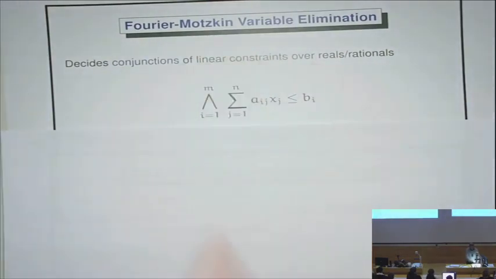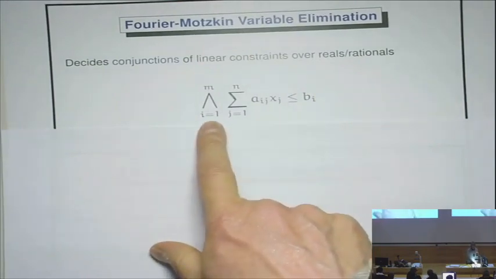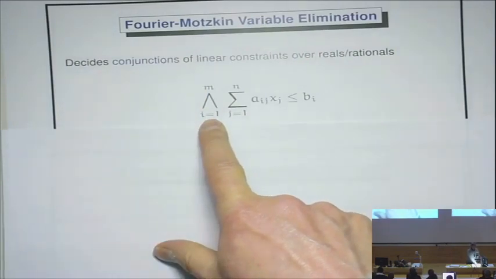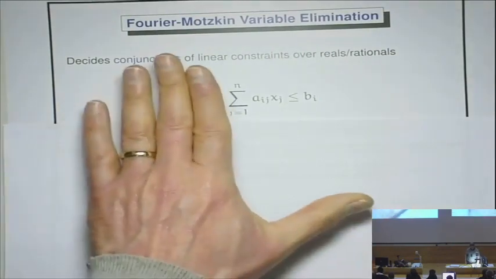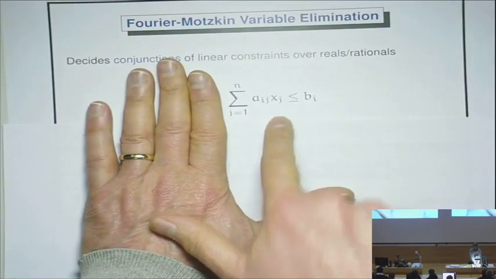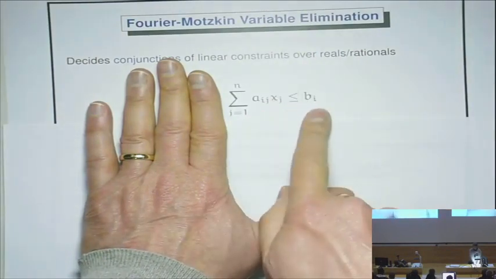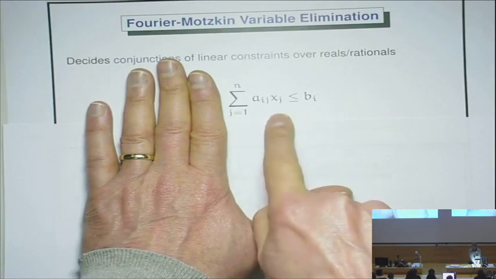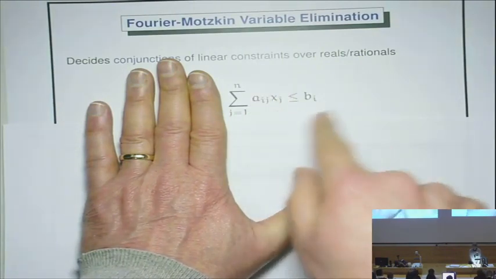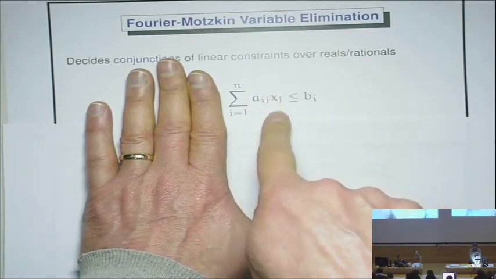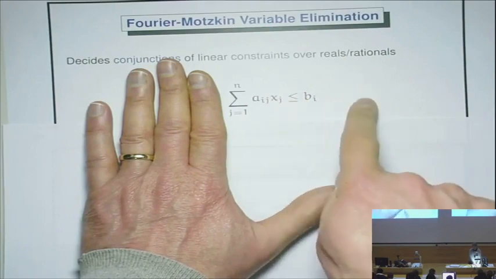So what I have written here, this first thing is the conjunction. That big, funny-looking thing is simply the conjunction symbol. We are anding together m formulas, and those formulas are simply the sum of various terms where the a's and the b's are, let's say, real constants, and the x's are the variables. So these are just very simple constraints in which we have some number times x less than or equal some other number.